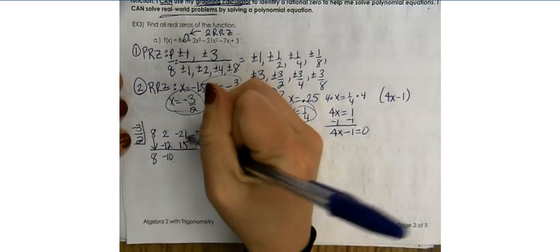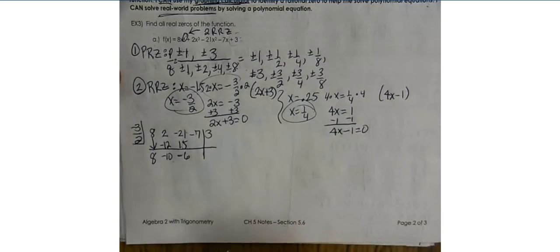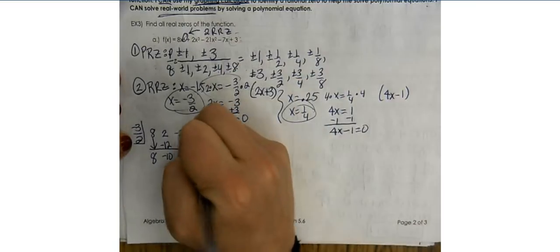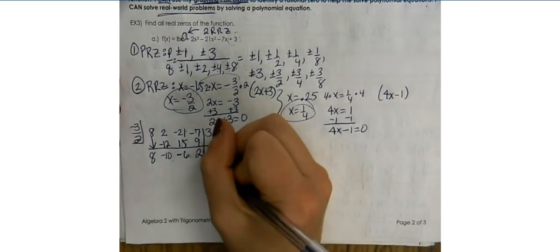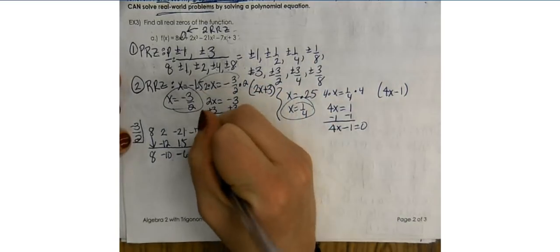Negative 21 plus 15 is equal to negative 6. Negative 3 halves times negative 6 is equal to 18 divided by 2, which is 9. Negative 7 plus 9 is 2. Negative 3 halves times 2 is equal to negative 3. 3 minus 3 is 0, which is awesome.